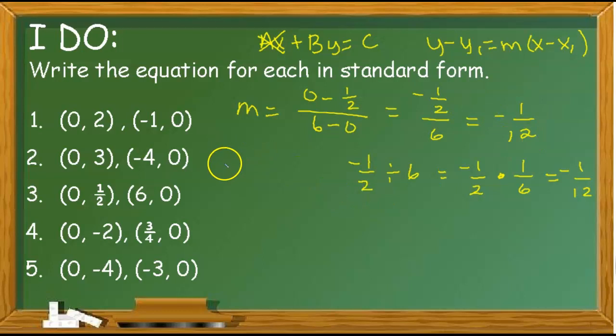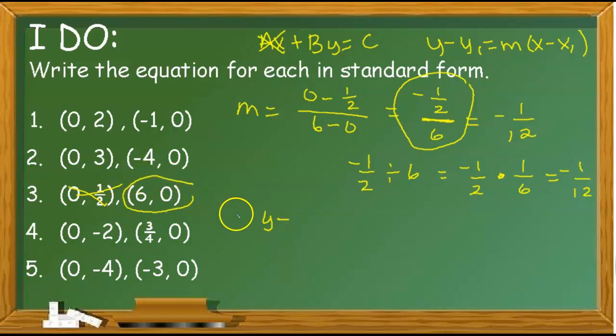Okay? So again, understanding what this means, and this is your division. Okay, that is your slope. So now your equation would be y minus, I don't want to use the fraction, so I'm going to use this one this time. So y minus y equals slope times x minus x.